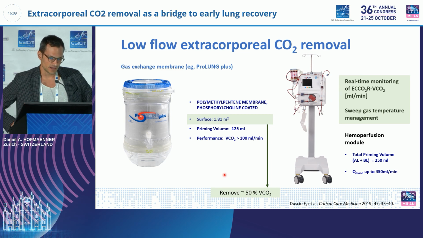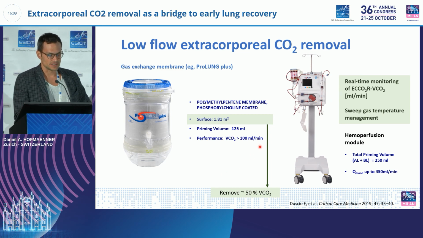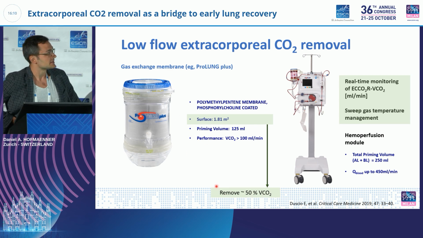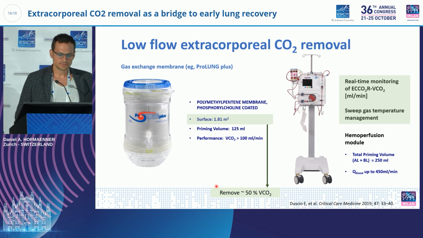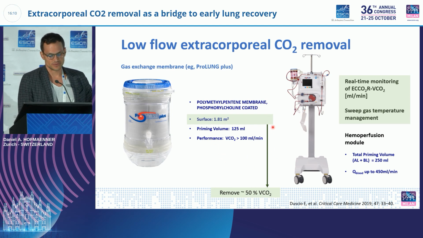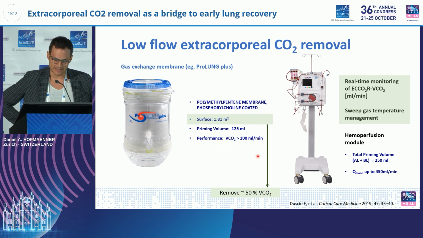So this is a bit of physiology. In terms of the devices, you see the surface of an exemplary filter is 1.8 square meters, for example, and the priming volume is around a deciliter. The VCO2 of those devices is around 100 milliliters per minute.